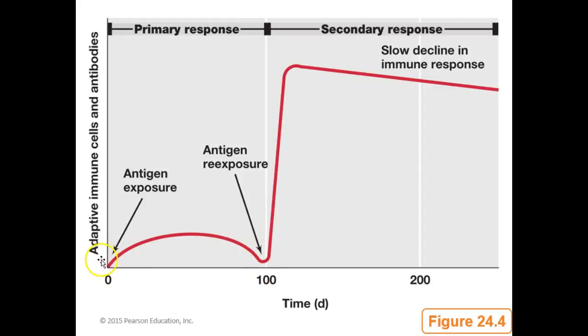Or you could say this event might even be through an artificial immunization. Anyway, the primary response occurs. It takes a certain amount of time, and over that first couple of weeks, you see an increase in antibodies. That level of antibody stays in the blood. Over time, it slowly goes away, right?